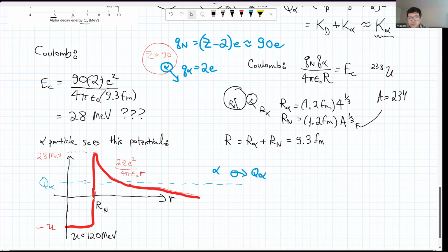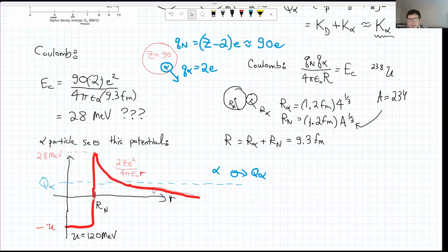So it should rattle around in here with this kinetic energy Q alpha. And it can never get over this barrier classically because it's just too much potential energy. You would have to have over 28 MeV of kinetic energy to make it over this barrier. And so that doesn't happen normally.